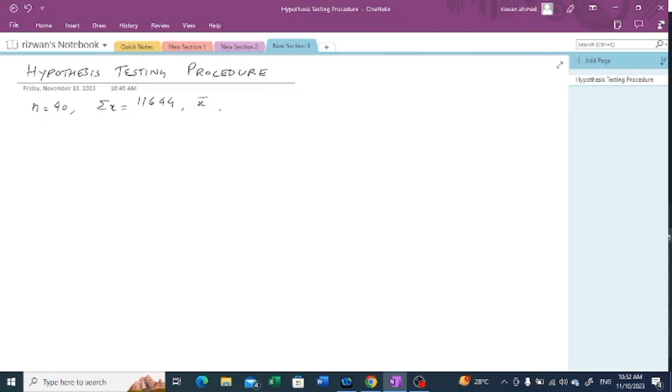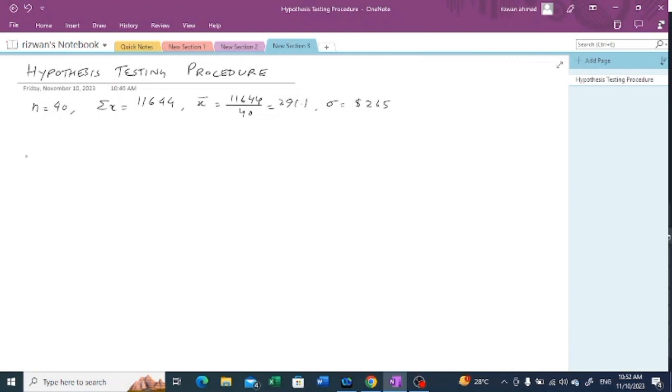You can check with your calculators that 11,644 when divided by 40 gives us the mean value of $291.1. We are also given the sigma value, which is $265.